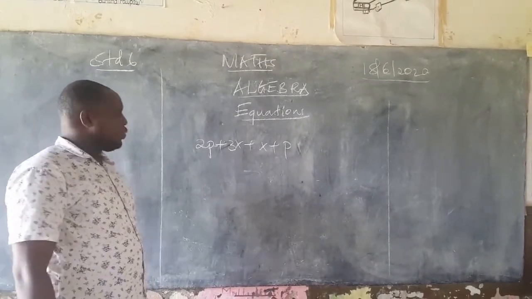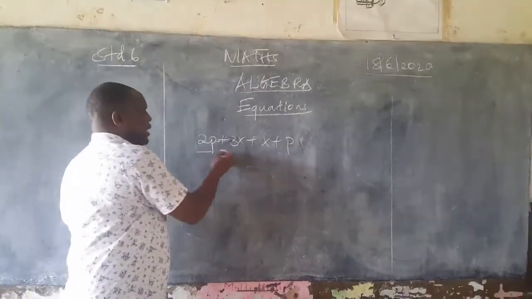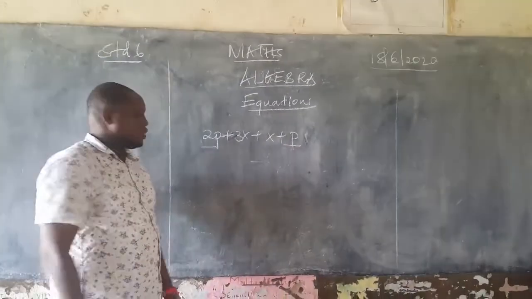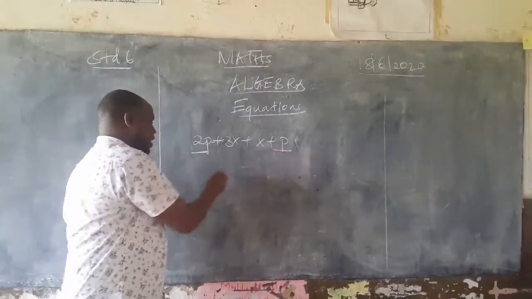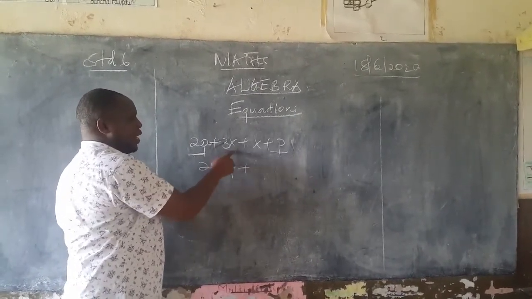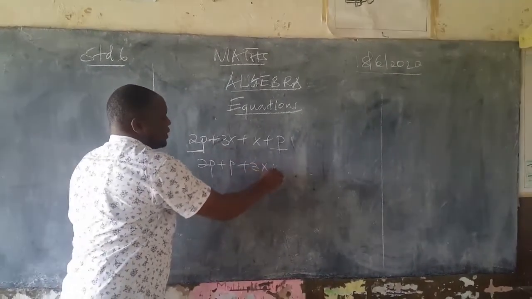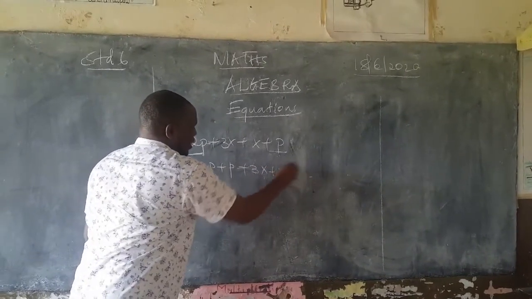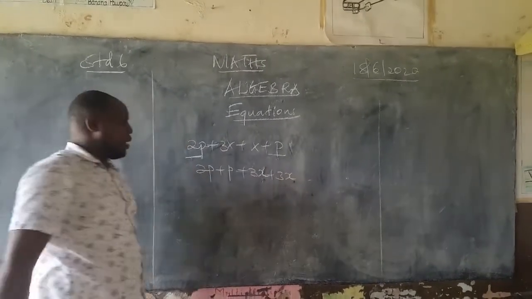Remember what we said, Lana? We said you pick the ones with the like terms. These are the like terms. We have 2p here and we have p here. So you write 2p plus p plus 3x plus x. Let's write it like that so that it doesn't look like a multiplication.